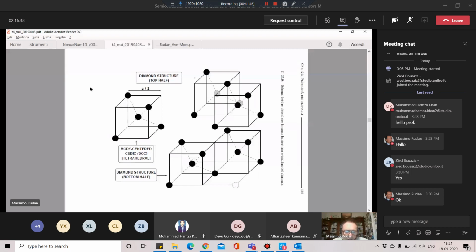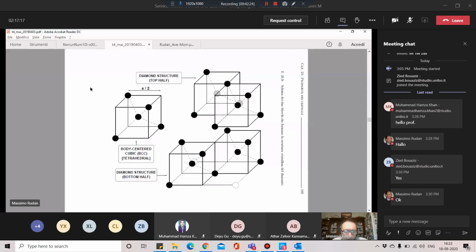So the symmetrical arrangement can be seen in the left part of the figure, in which you can see a cubic block. At the center of the cubic block, there is 1 silicon atom, and then there are 4 more silicon atoms in some vertices of the cube in symmetrical positions. So the distances between each external silicon atom and the central silicon atom is the same for all.